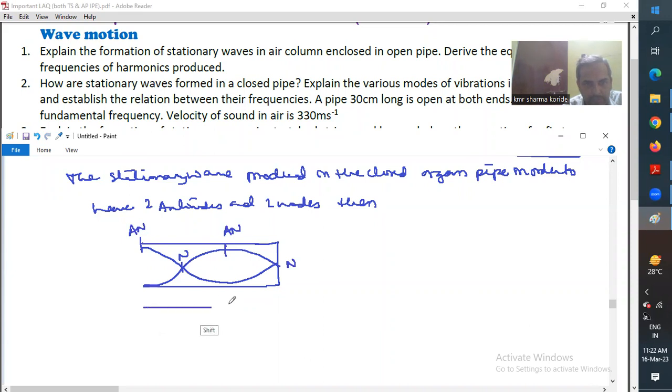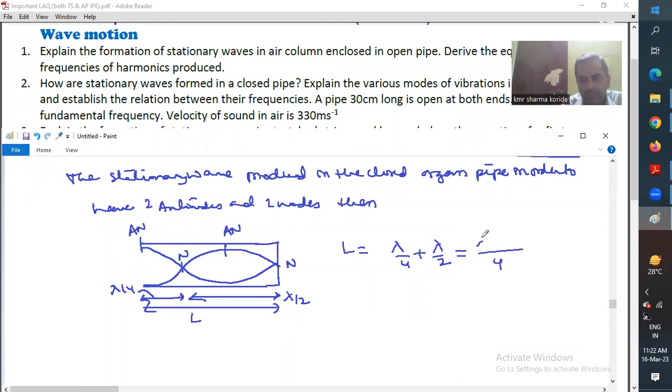Within the length of the pipe, there is lambda by 4, and node and node are separated by lambda by 2. So within the length of the pipe, a lambda by 4 and a lambda by 2 wave are formed.